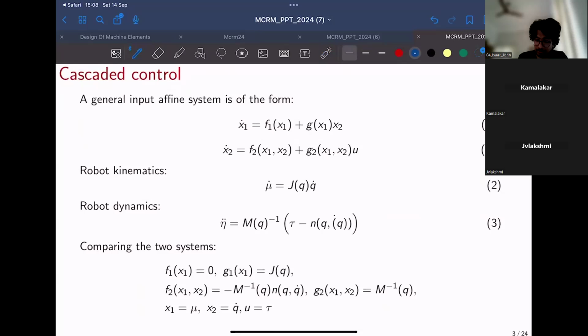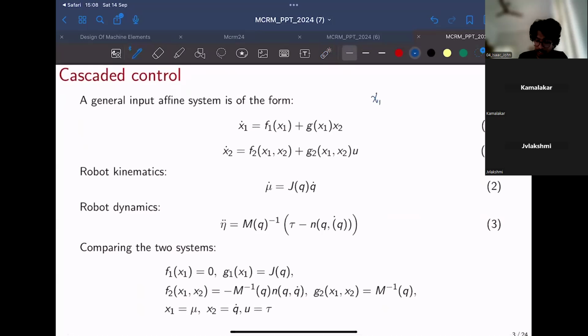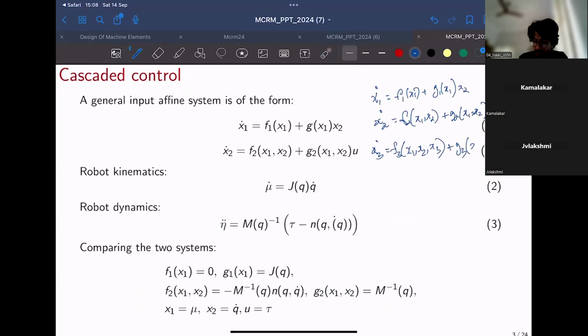For a general system, x1 dot is f1 of x1 plus g1 of x1 times x2, and for the second system, x2 dot would be f2 of x1, x2 plus g2 of x1, x2 times x3, then x3 dot becomes f3 of x1, x2, x3 plus g3 of x1, x2, x3 times x4, and so on and so forth.